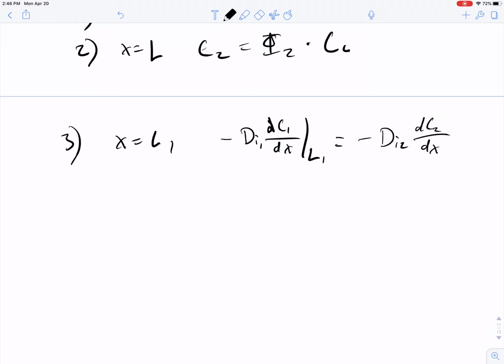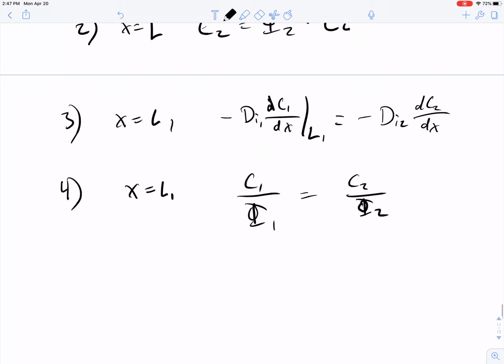And then lastly, we have this condition that is the equivalent of temperature continuity, but at x equals L1, we're going to have a slightly different continuity condition. C1 over phi1 equals C2 over phi2 for that jump at that interface in the middle.